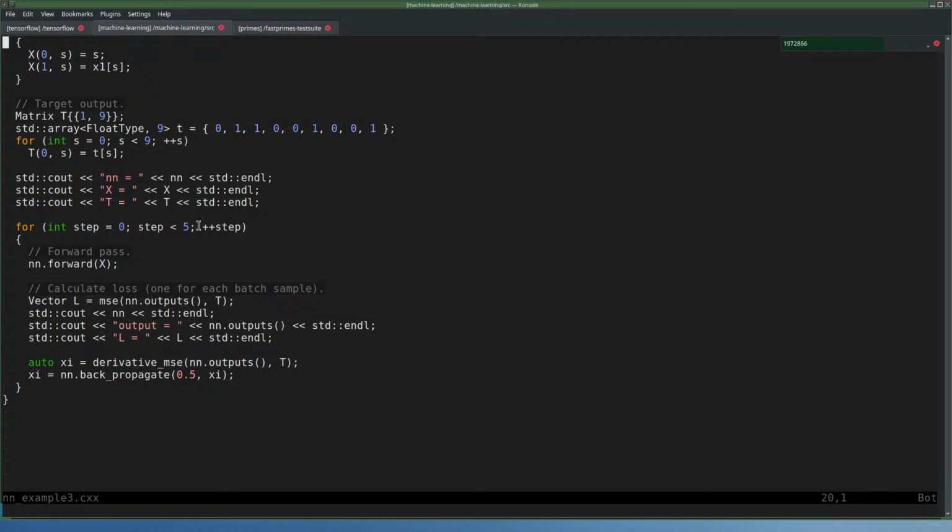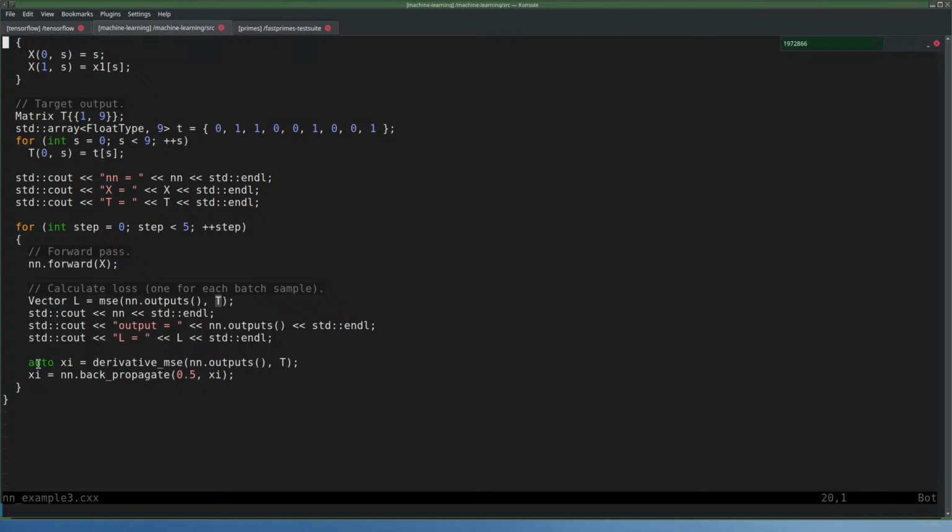And then we do 5 steps. A forward pass, and then we calculate the loss, which is the mean square error, I think. So the difference between this one and that one, and then the difference squared, and then summed up, and then the mean is divided by the number of them.